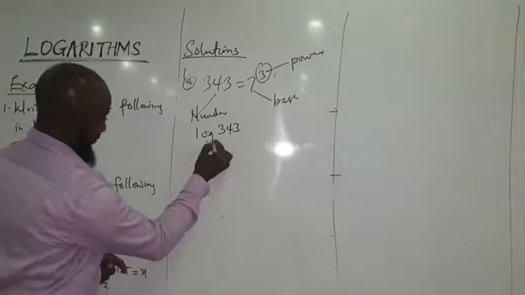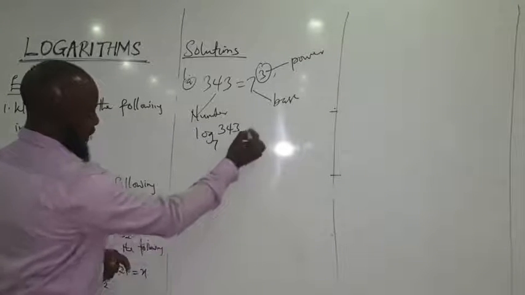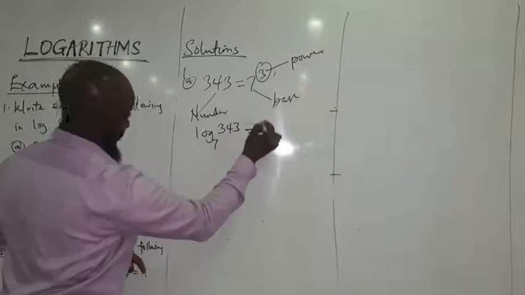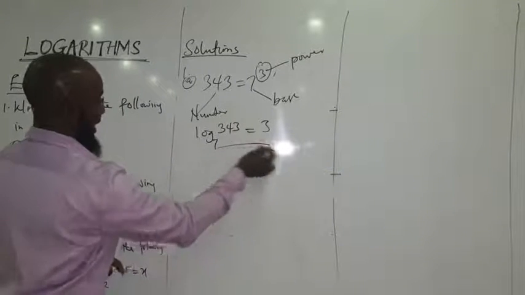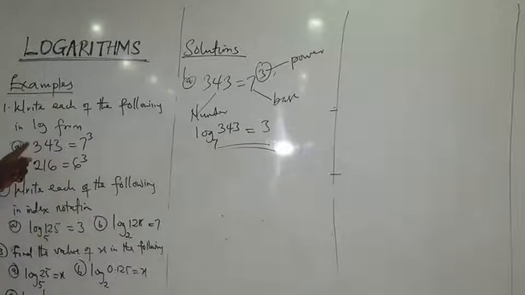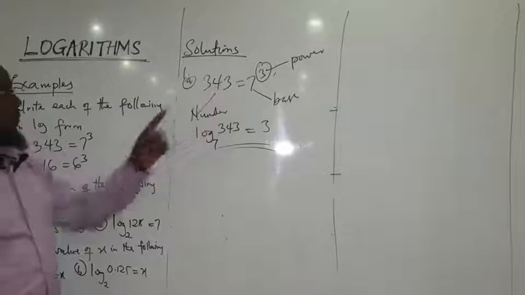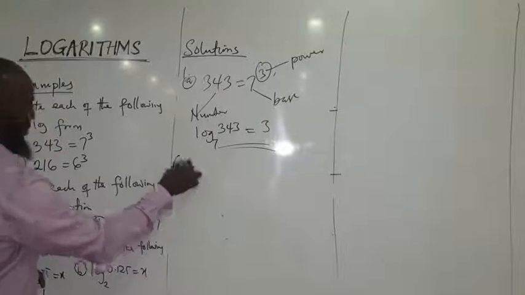So the base will be here, 7, equals to what? The power. This is the answer. So we have written this one in log form.